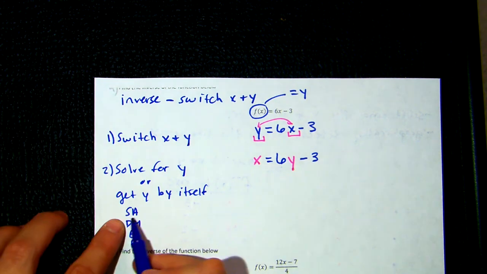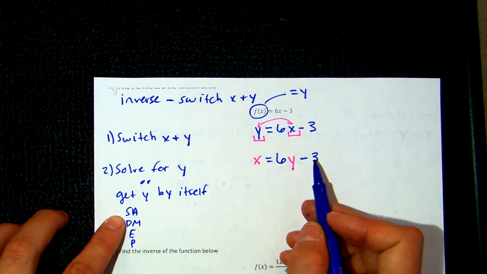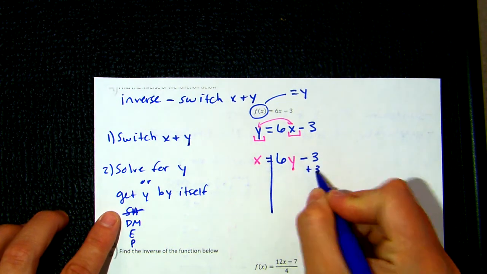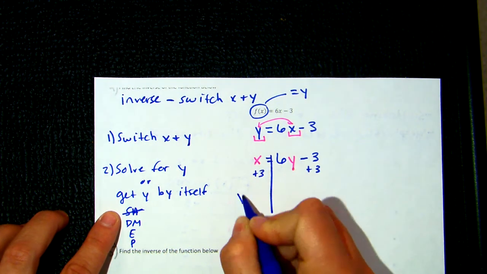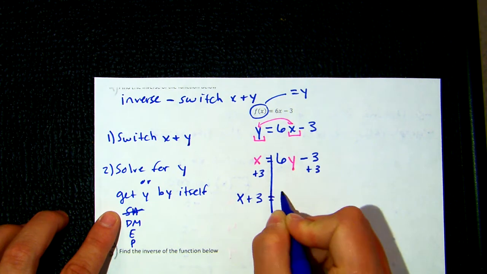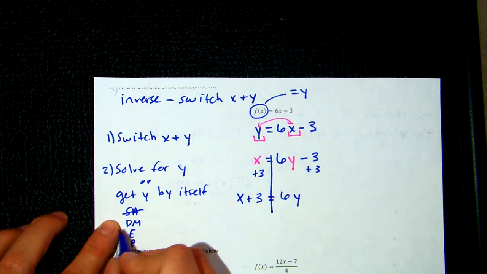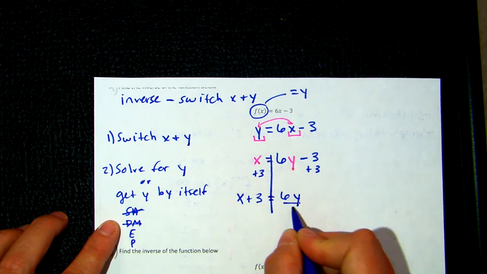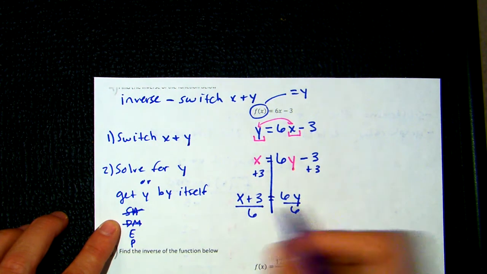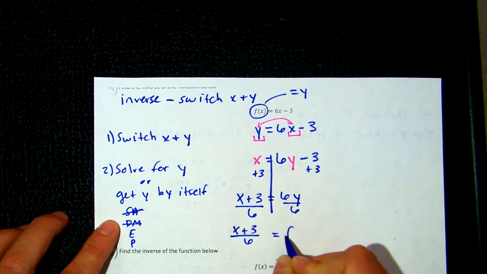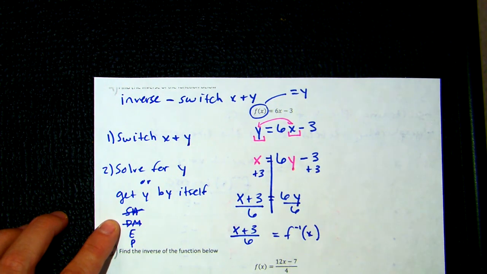So I look for addition or subtraction first, which I do see. So I'm going to add 3 on both sides. That gives me x plus 3 is equal to 6y. I do see division or multiplication with this 6 right here. So I'm going to divide by 6 on both sides. That's going to leave me with x plus 3 over 6 is equal to my inverse.